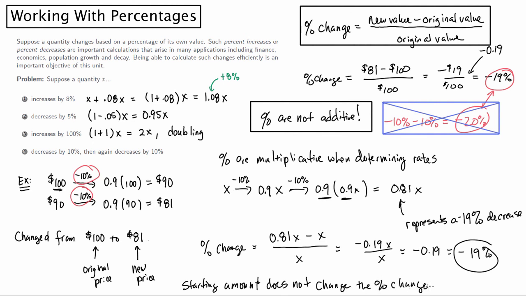In other words, the only thing that is important is the rate. We're going to be dealing with a lot of finance problems in this chapter, and I want you to keep in mind that the rates are what control the amount of change in an account or any other thing that we're looking at. It's not the amount of money that you start with. That has no bearing whatsoever on the change in the money. The change in the money is due purely to the rate.